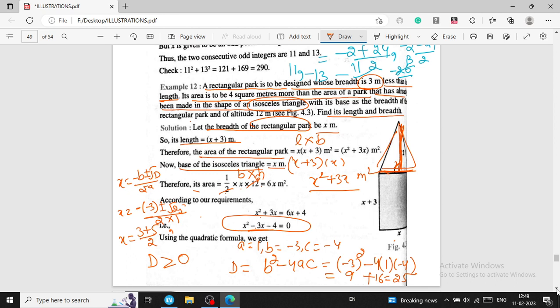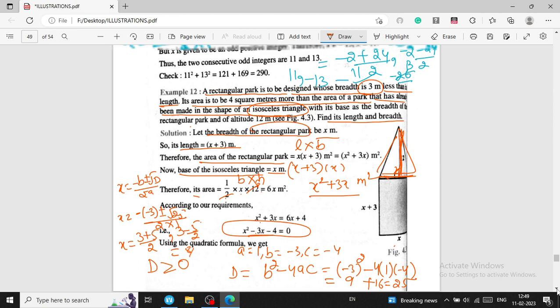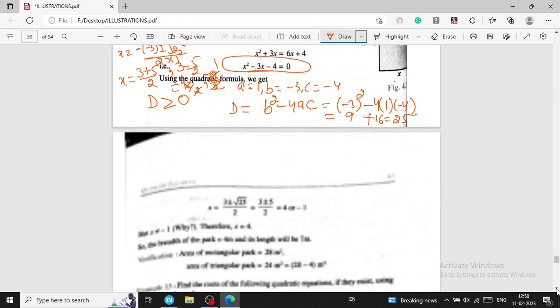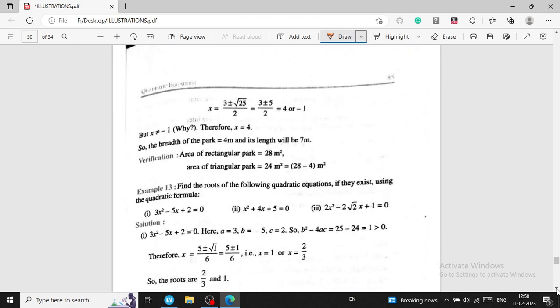One time plus 5 and another time minus 5, and you will find 8 by 2, comma, minus 2 by 2. 3 minus 5 is minus 2. 2 cut with 2, and 8 by 2 is 4, and you can find the result: one value is 4 and another value is minus 1.